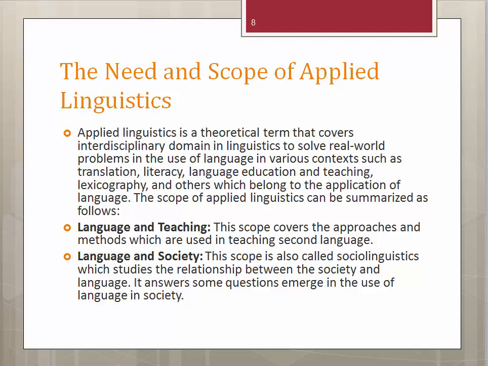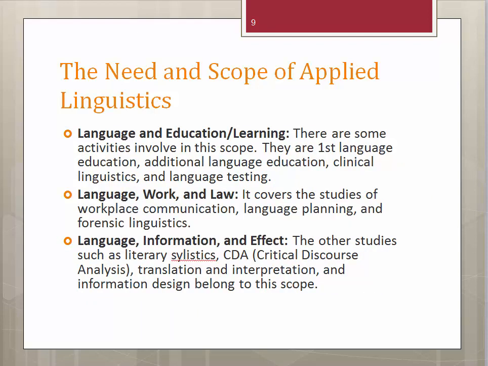It also answers some questions that emerge in the use of language in society. Language and education and learning are some other scopes. There are some activities involved in this scope. They are first language education, additional language, second language, third or fourth language education, clinical linguistics, and language testing.